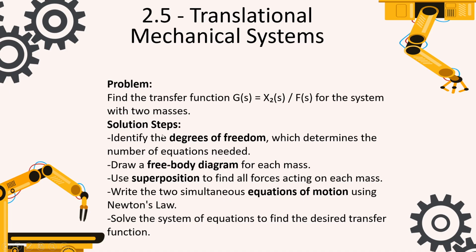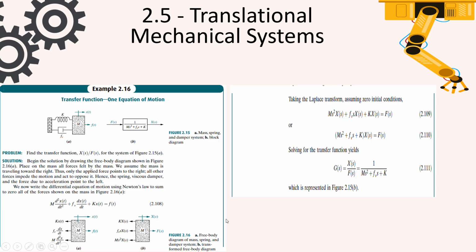Identify the degrees of freedom, which determines the number of equations needed. Draw a free body diagram for each mass. Use superposition to find all forces acting on each mass. Write the two simultaneous equations of motion using Newton's law. Solve the system of equations to find the desired transfer function.